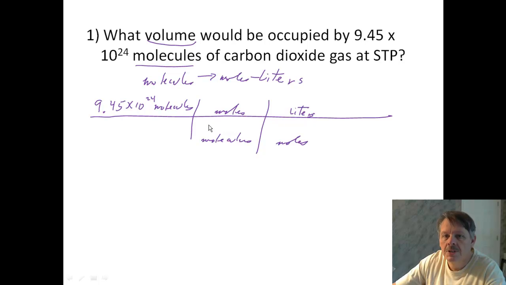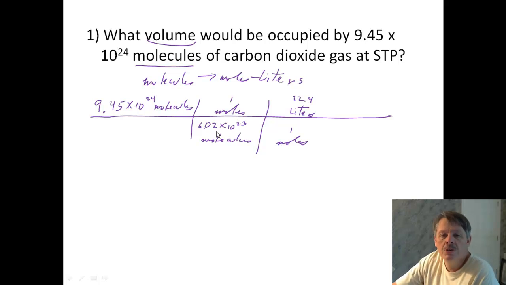All this is dimensional analysis. All right. So the number of molecules is 6.02 times 10 to the 23rd in 1 mole. And then in 1 mole, there are 22.4 liters. All right, so you have to take this number on top. You have to multiply by 22.4. You have to divide by 6.02 times 10 to the 23rd. Again, assuming you're using your calculator properly, as I showed you in the podcast, then you are going to come up with 352 liters.